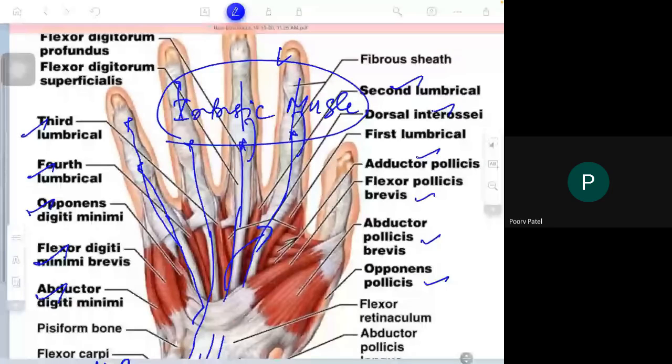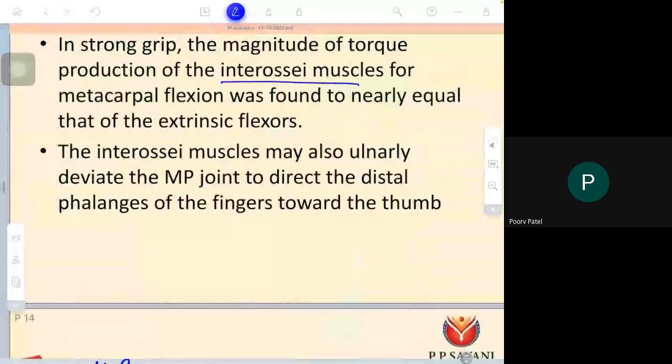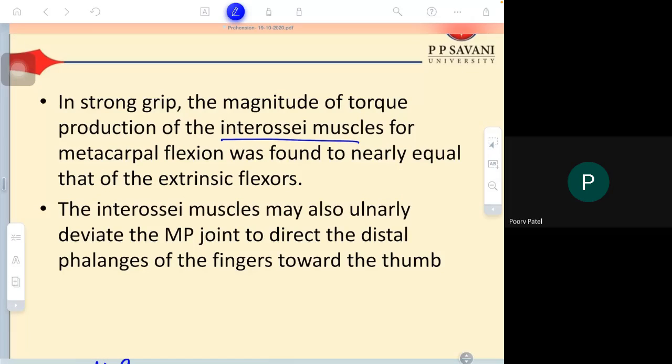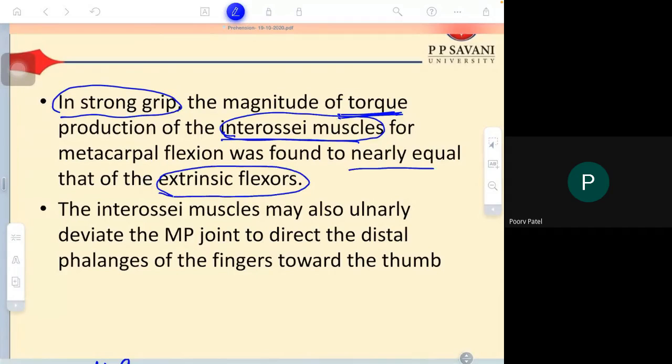Clear? So what we discussed, if the grip is strong, the torque produced by intrinsic muscles and extrinsic muscles is found nearly equal. Interossei muscle, okay, this we will discuss next class.